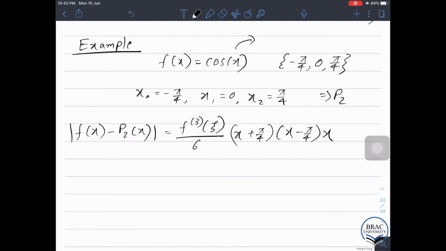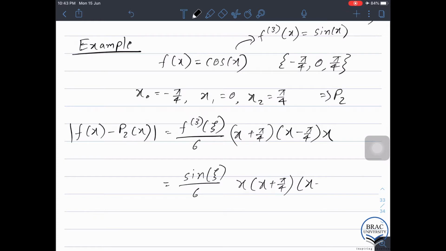So the third derivative f'''(x) will be sin x. So I can write sin ξ / 6, times x(x + π/4)(x - π/4).